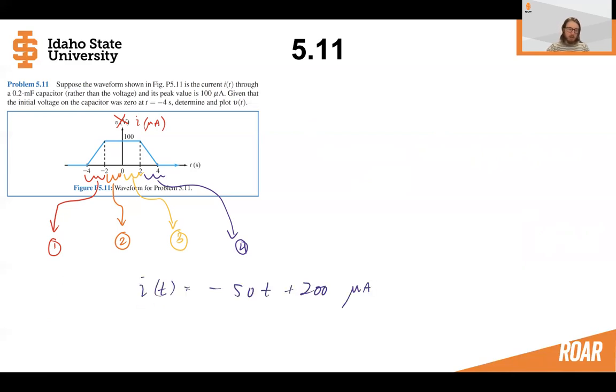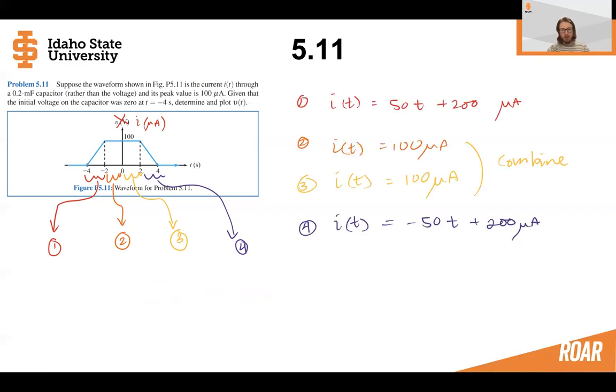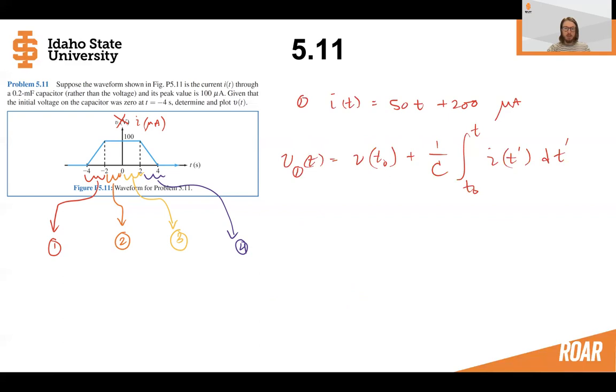In part 4, we can see that that's just the negative sloping current of part 1, so we get minus 50 times t plus 200 microamps as the current there. Now we have these 4 equations, and 2 and 3 turn out to be the same, so let's combine those together. So we have equations to describe the current throughout this time as a piecewise function. Now let's do the integrals.